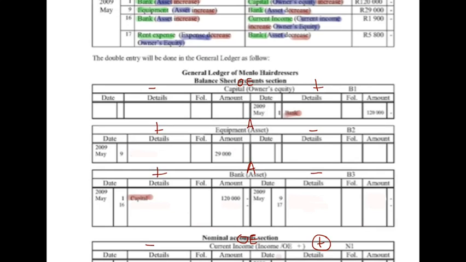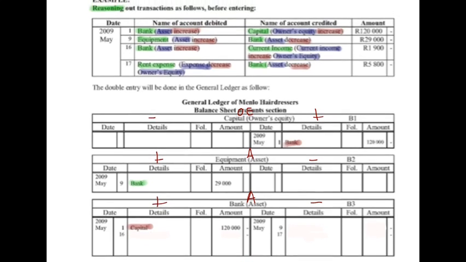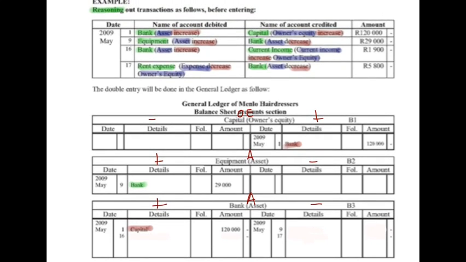Where is this debit going to go to as well on the credit side? On the credit side, it will go to bank. So therefore, I write my contra details as bank. Then equipment is the account debited, so the account credited would be bank, because bank is also an asset, but because I've bought this equipment, my assets are decreasing if I look at bank.